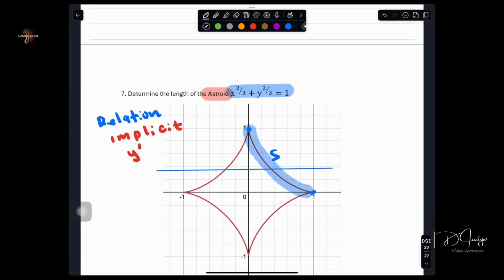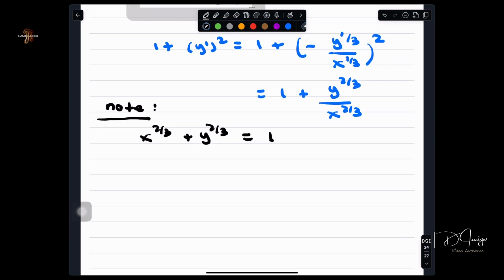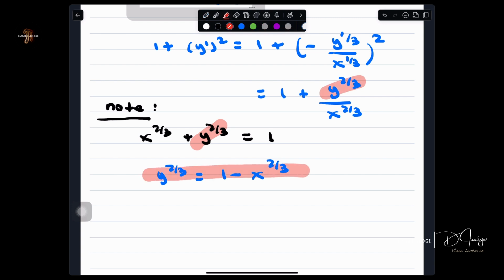We're trying to find that distance. So what we can do is solve for y to the 2/3, and that gives us y to the 2/3 will be 1 minus x to the 2/3.